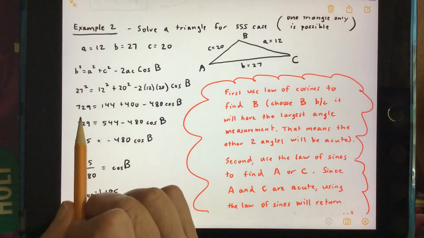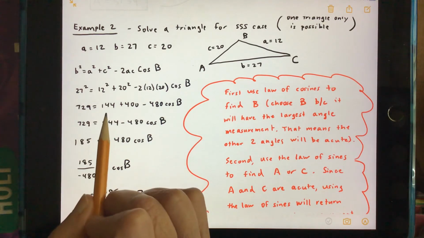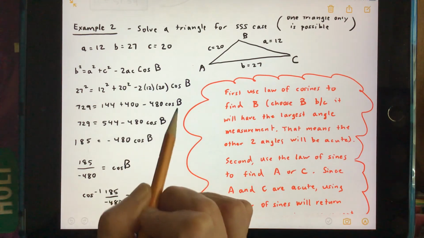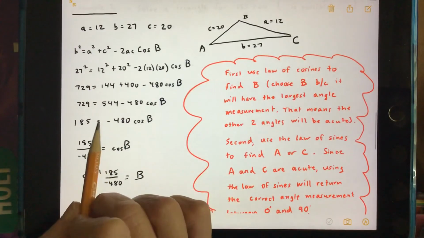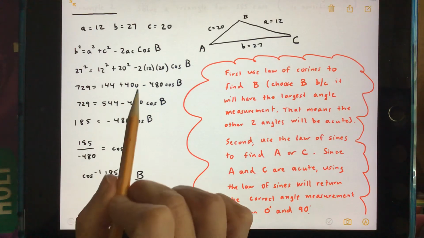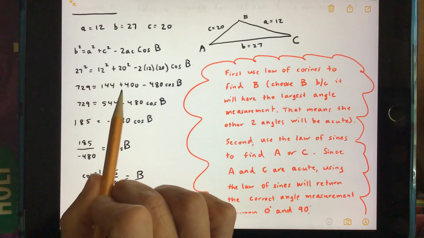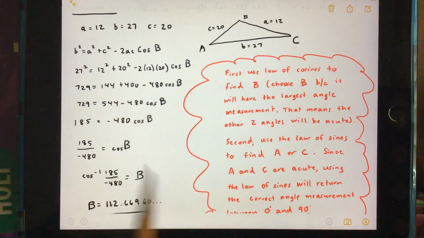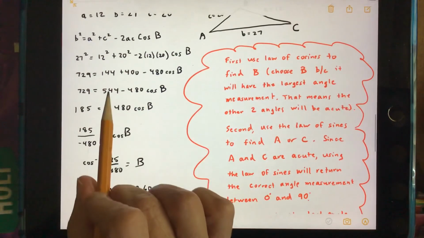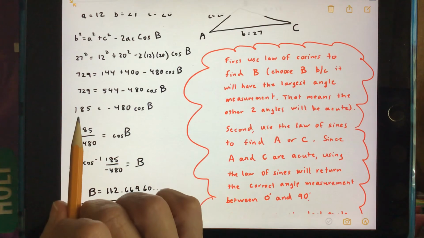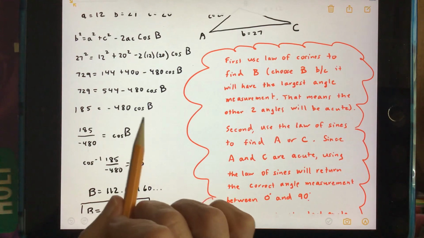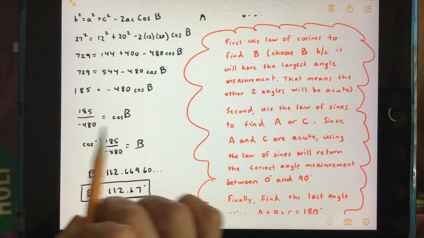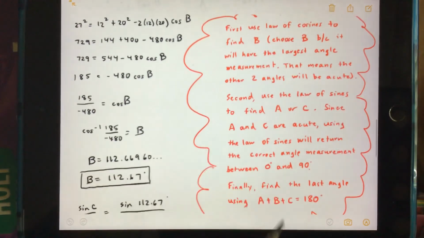Okay, then simplify. 27 squared is 729, 12 squared is 144, 20 squared is 400, minus 2 times 12 times 20 is 480 times the cosine of B. Next step, I'll leave my 729 alone right now. I will go ahead and combine my 144 and my 400 to get 544, minus, leave the 480 times cosine of B. Then I'll subtract 544 on both sides and get 185 equals negative 480 times the cosine of B. Then I will divide both sides by negative 480, and the cosine of B will be equal to that fraction.